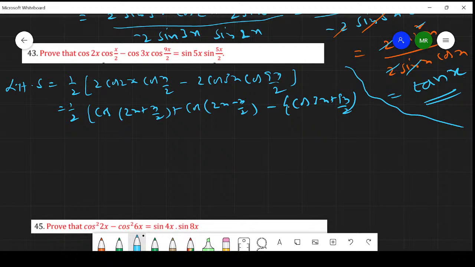So I will write the next step. Better I take the bigger angle, 9x, so 9x plus 3x by 2.